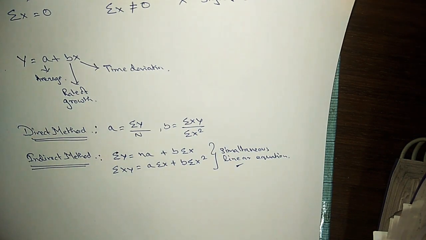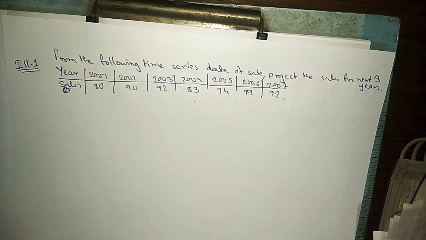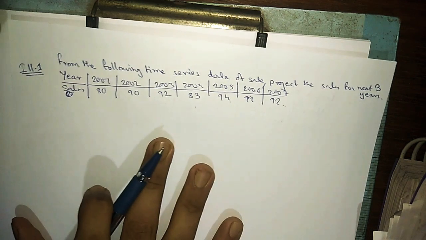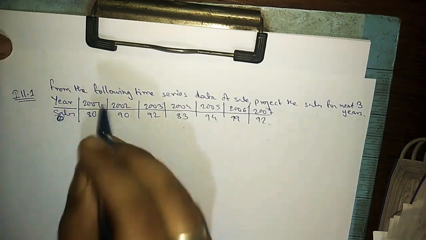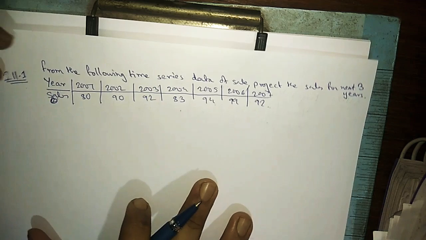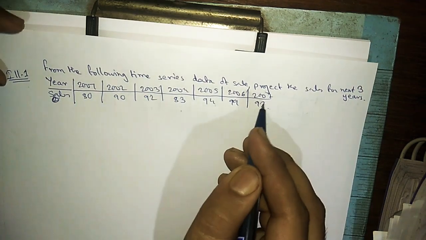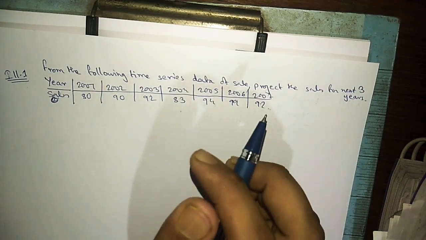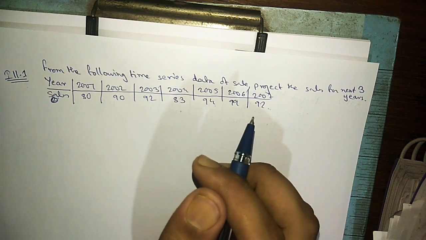Now let's go to the sums. Now coming to the first question, it is given: from the following time series data of sales, project the sales for next 3 years. Over here years are given from 2001 to 2007 and its sales are given. You have to project the sales for the next 3 years.